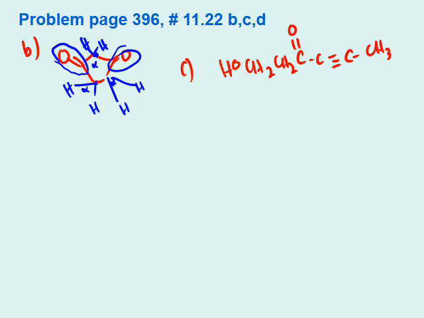Let me double check. OH, CH2, CH2, C double bond O, C, triple bond C, CH3. So the question is, identify acidic hydrogen in this compound.